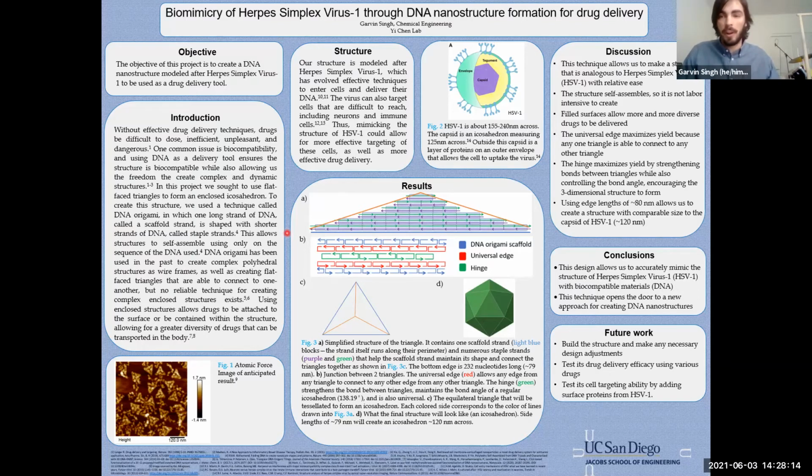It can also target cells that are super difficult to get to, like neurons. And we're hoping that using that, any drug involved in a neurodegenerative disorder or anything that involves neurons, we're hoping that this could help with that or something related to that.